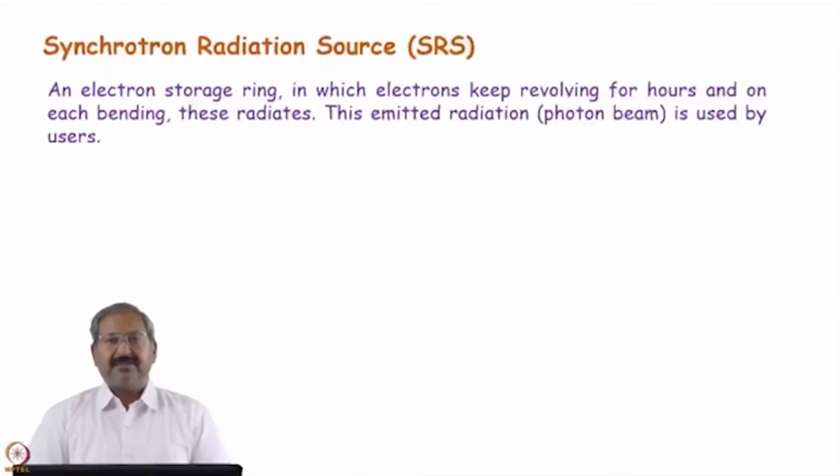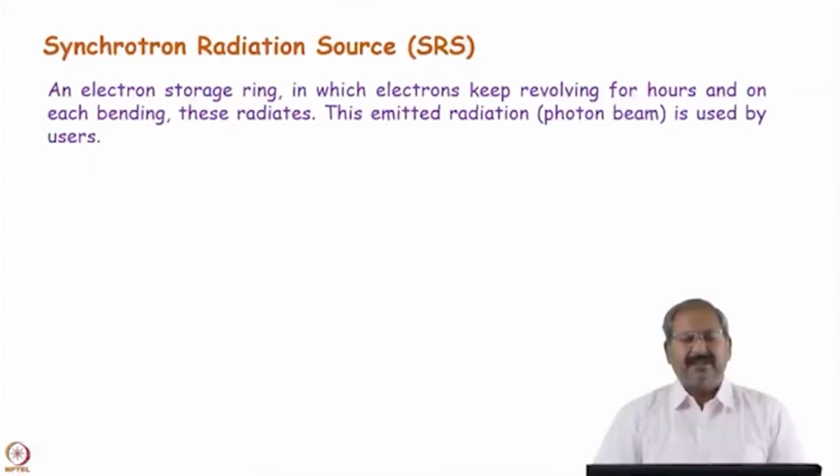Now this radiation which is emitted by the charged particle or electrons during the centripetal acceleration is very useful. We will see some of its characteristics in the later slides. And this is so fantastic that some dedicated synchrotrons were built to tap this radiation.